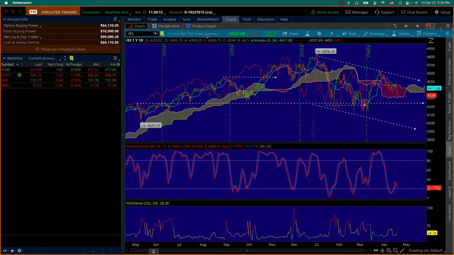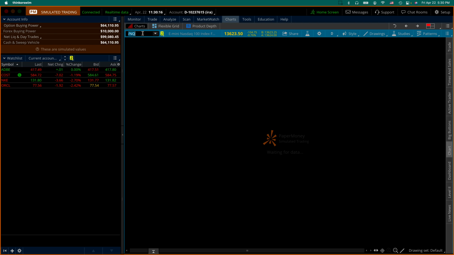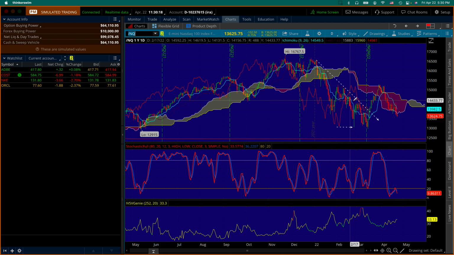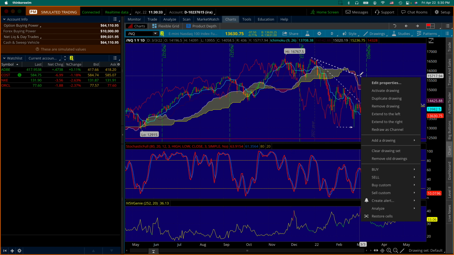Okay, let's do the Nasdaq as well. And here it's a failure to break to a new high on the break through the Ichimoku cloud. The Nasdaq is sort of showing the way, I think. So this is our new trend analysis, and we duplicate that.